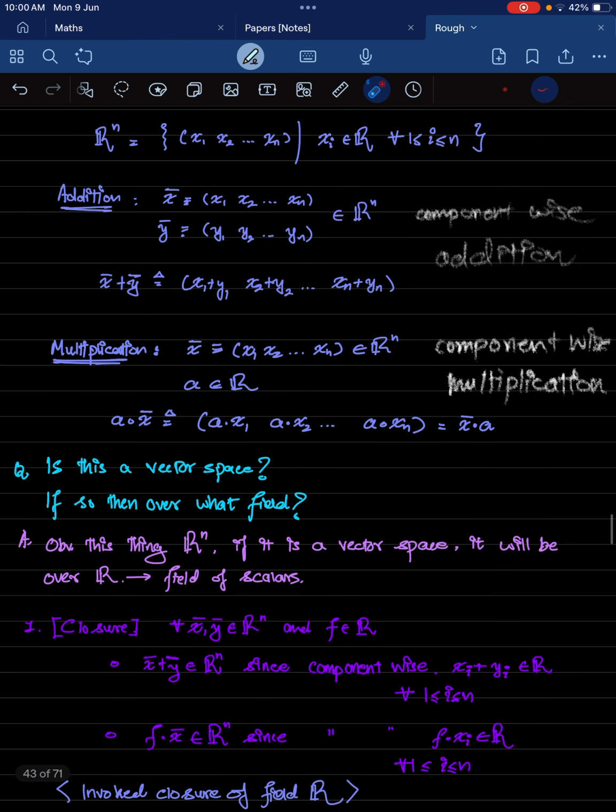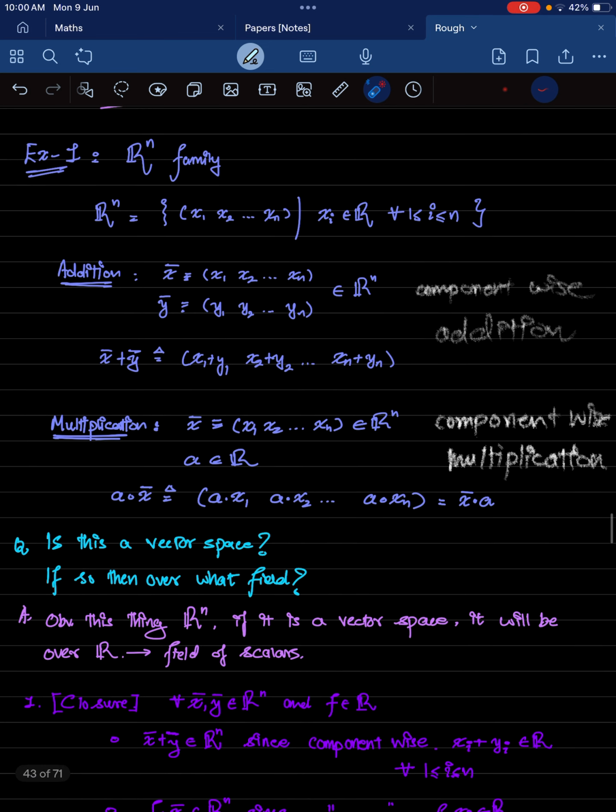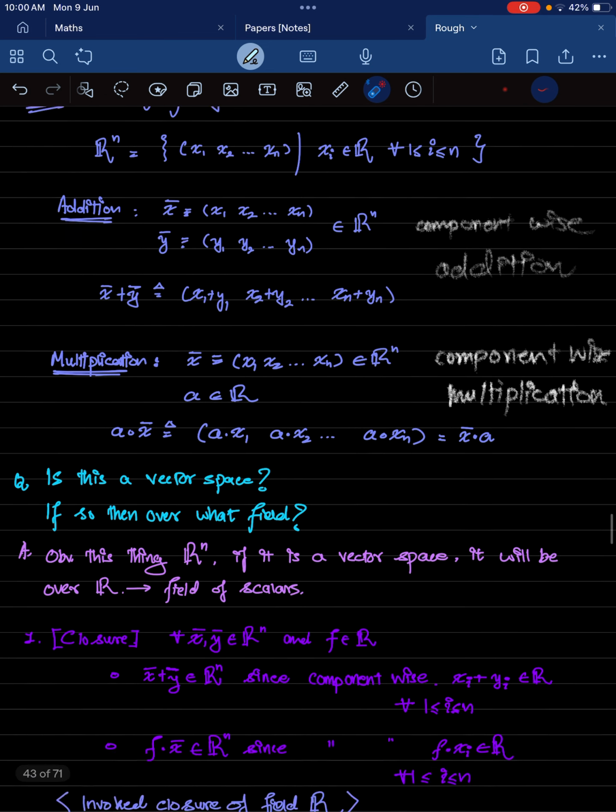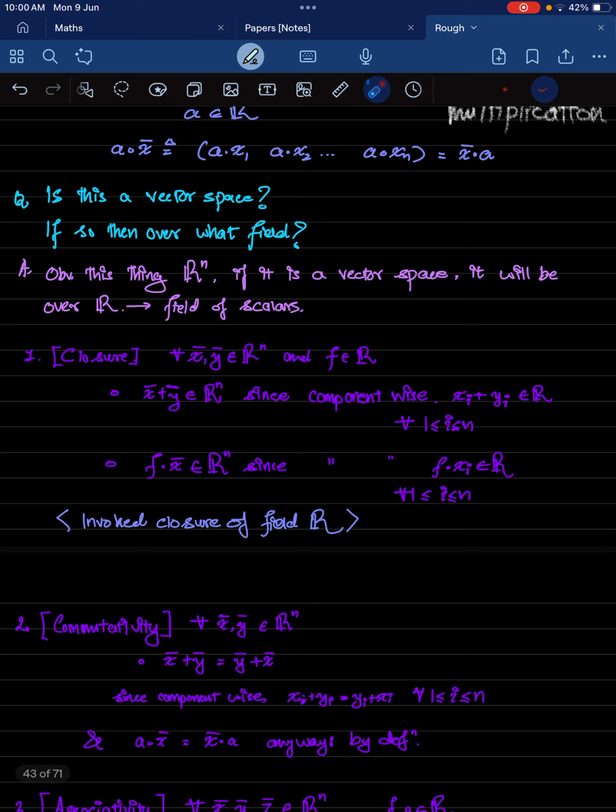Similarly, since scalar multiplication also has individual real multiplications inside it, by virtue of real numbers being closed under multiplication, this operation will also result in a vector that belongs to Rn. And hence, closure is actually pretty simple to prove in this case. But the point is, I have just invoked the closure of the field of real numbers, nothing else.